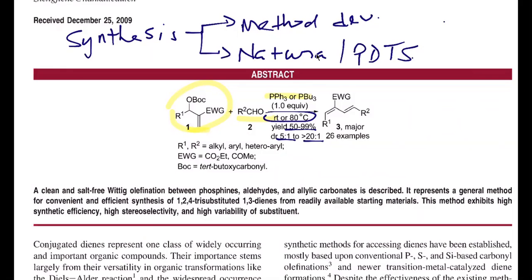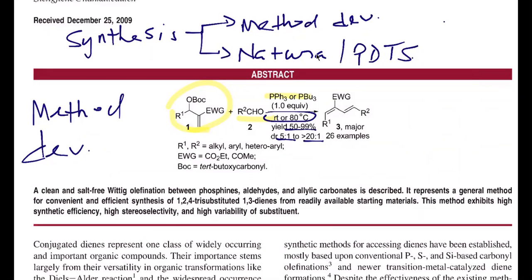Right. So this will be an example of a method development. Right. And the reason we say that it's a method development is because the Wittig reaction already existed. Right. It's not a new reaction.